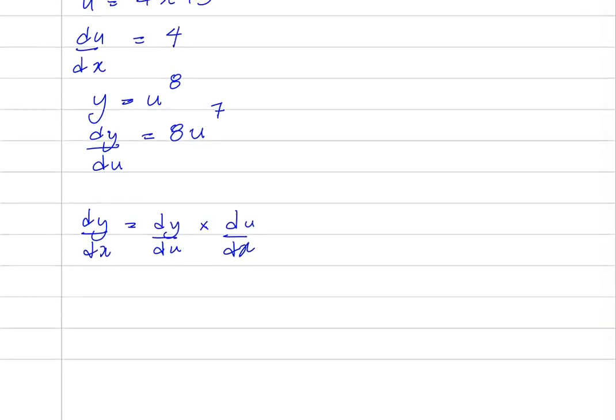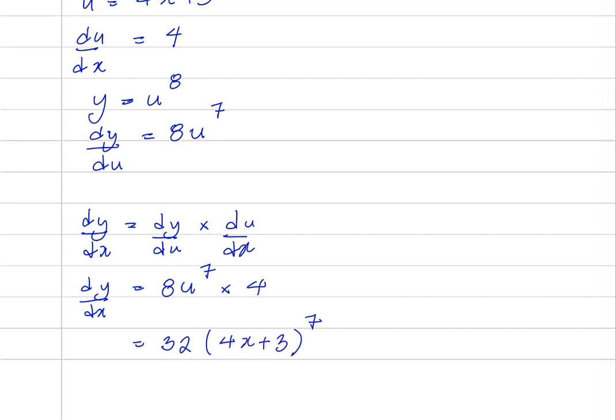Therefore dy by dx would be equal to dy by du, which is 8u to the 7th, multiplied by du by dx, which is 4. So essentially, 4 times 8 is 32, u, but remember u is 4x plus 3, raised to the power 7.